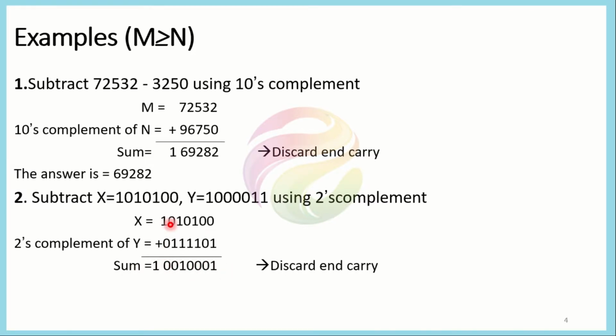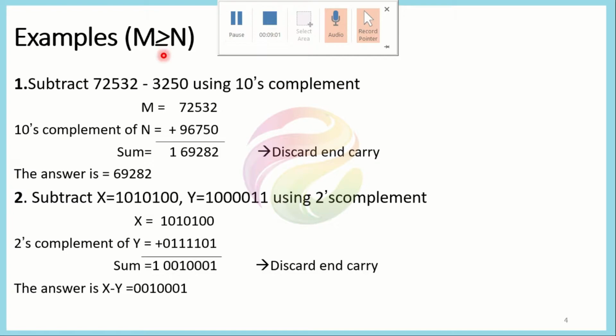Again, for the last digit, we get an end carry of 1, because as we discussed in the last slide, if we get an end carry, we just discard it, and the remaining part is our result. So this is x minus y, our final result. You can always check that by converting them into decimal and seeing whether the result is equal to this or not.